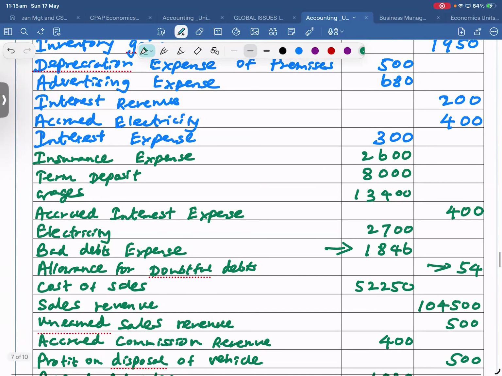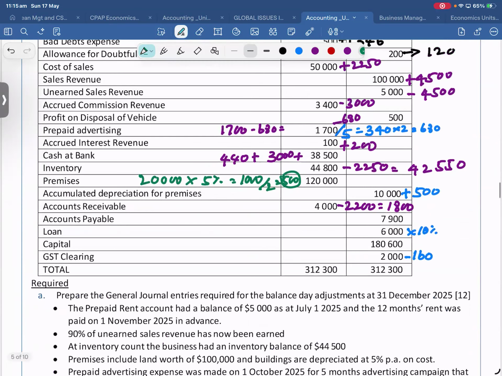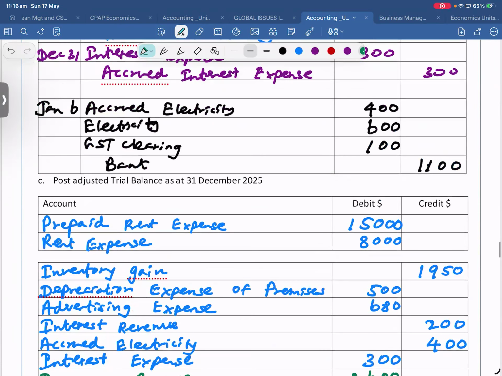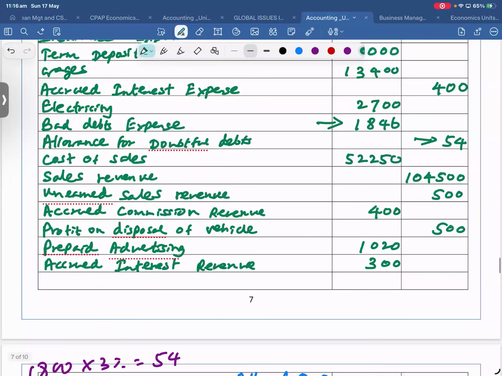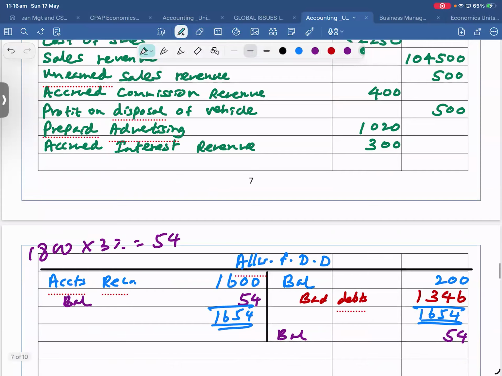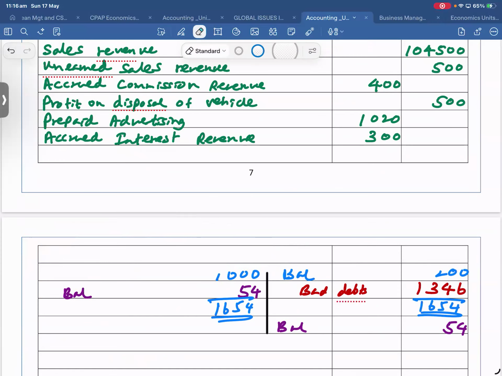Yep. GST, I think I changed. Yeah, minus 160. Okay. Then guys, yeah.